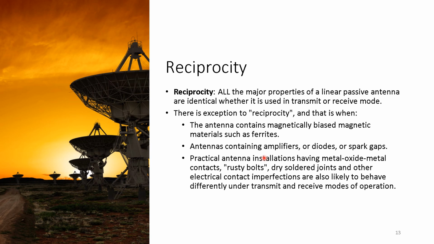But in general, if the antenna has a certain gain as a transmitter in a given direction, it will act similarly as a receiver. Of course, we can exclude some special cases here. I'm just interested in giving you the basic concept. All the major properties of a linear passive antenna are identical whether it is used in transmission or reception mode. That's good enough about reciprocity or antenna reciprocity.